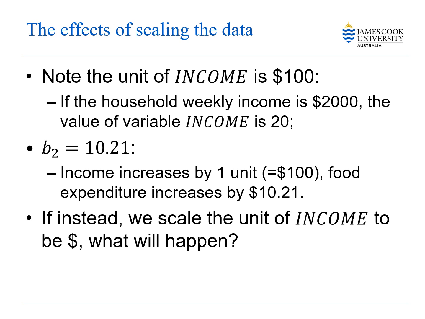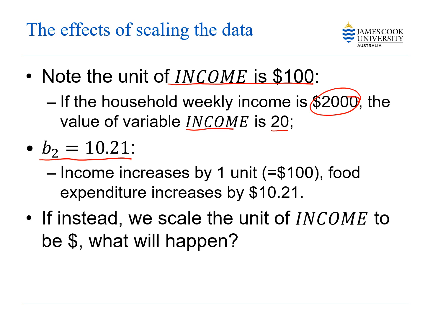Note the unit of income is $100, which means if the household weekly income is $2,000, then the value of variable income is 20, right? $2,000 divided by 100, we get 20. And the estimate of beta 2 is 10.21. This means what?